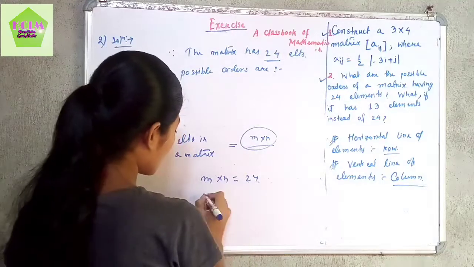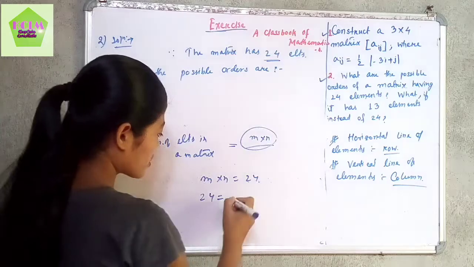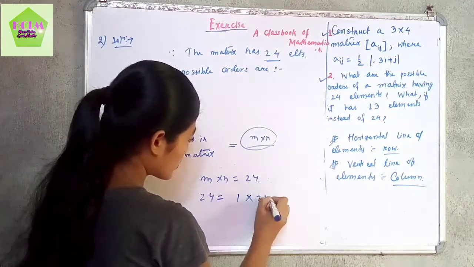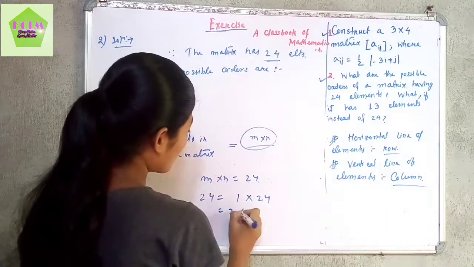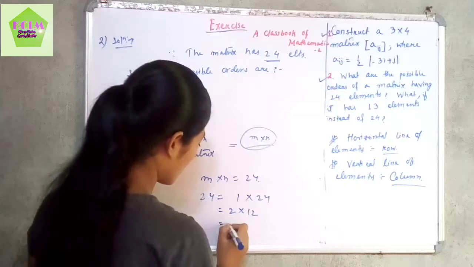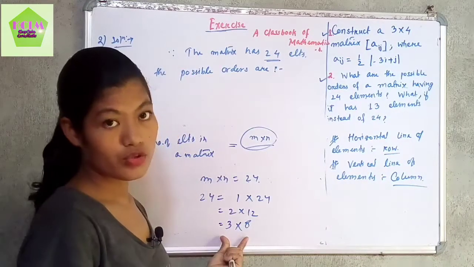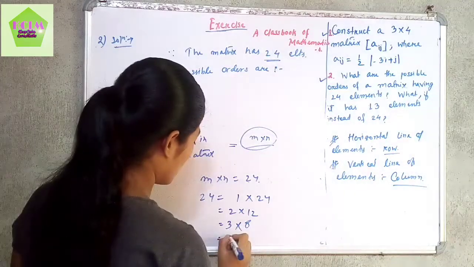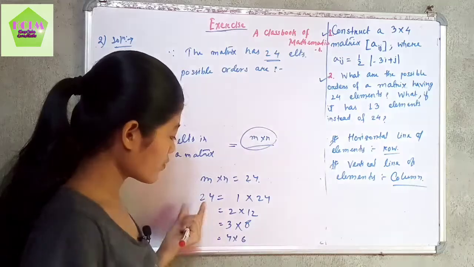So first of all, 24 factorization, first is 1 into 24 always gives 24. 2 into 12 gives 24, right? 3 into 8 also gives 24. 4 into 6 always gives 24.